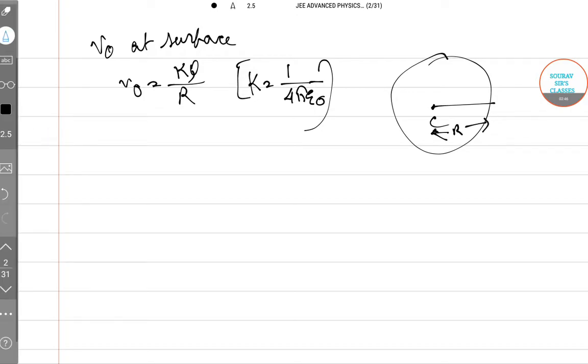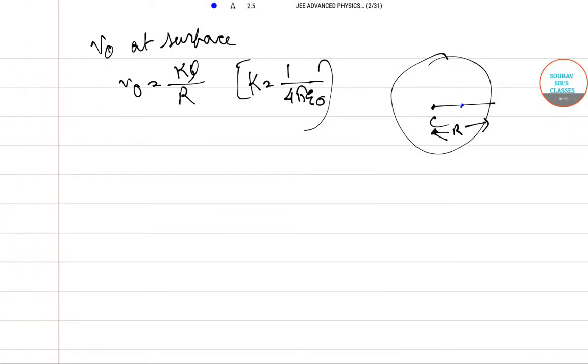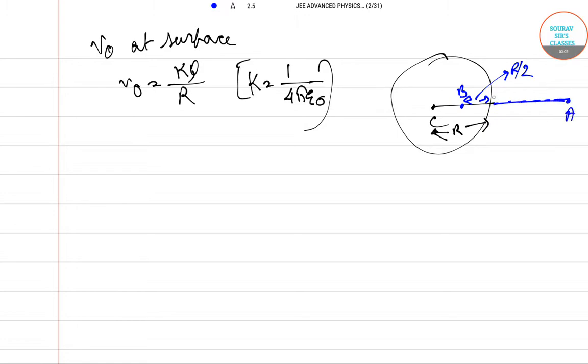And if I consider any point B in the middle, this is r by 2. And if this increases into outside, if the point is A, this radius is also r.